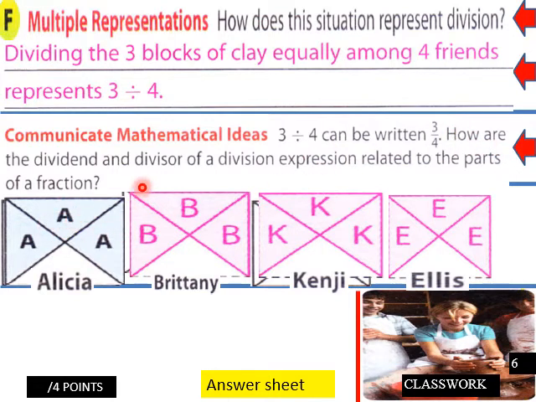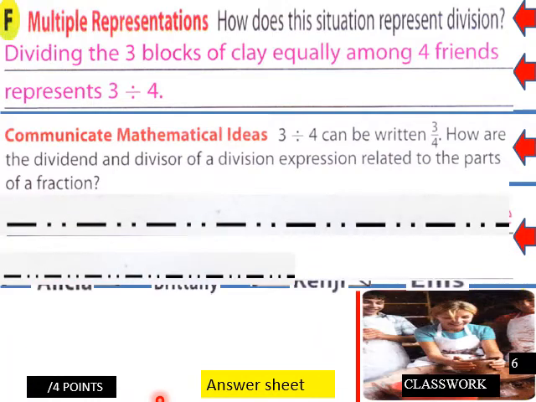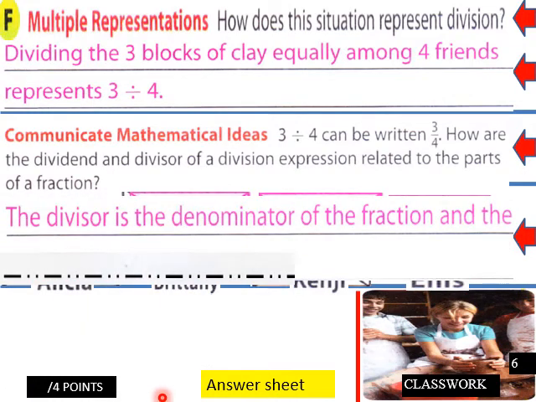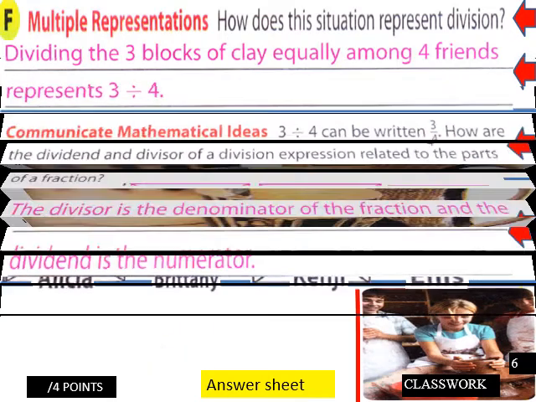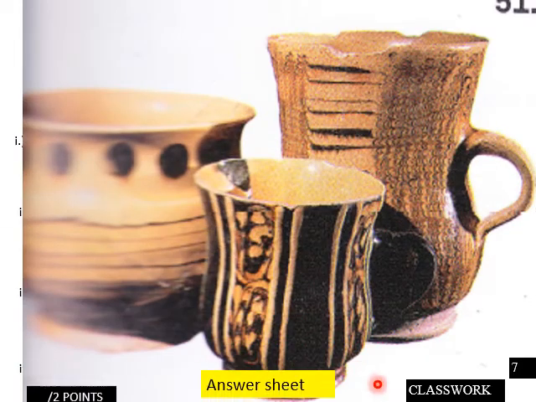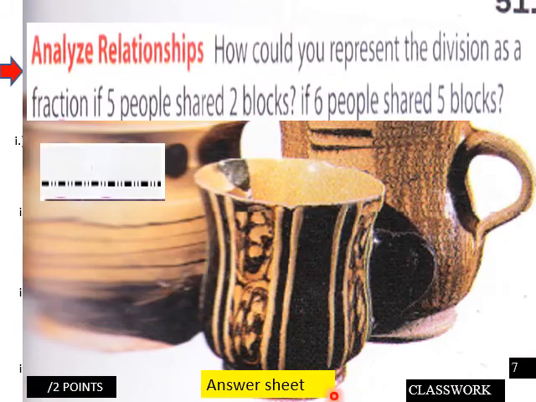Communicate mathematical ideas. 3 divided by 4 can be written 3/4. How are the dividend and divisor of a division expression related to the parts of a fraction? So that's a good question. The divisor is the denominator, and the dividend is the numerator, so we have 3 divided by 4. Classwork, page 7.